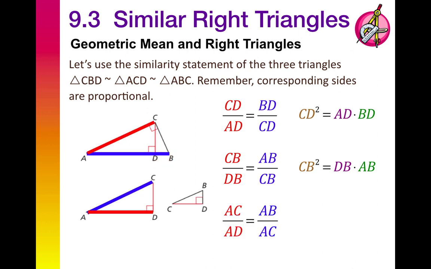And then we can take that and look at the big triangle and the medium triangle, and we find the same type of relationships, and we find that AC, this leg, is the geometric mean of this whole leg here, AB, times AD, which is just part of it. So now we have these relationships that are the geometric mean.